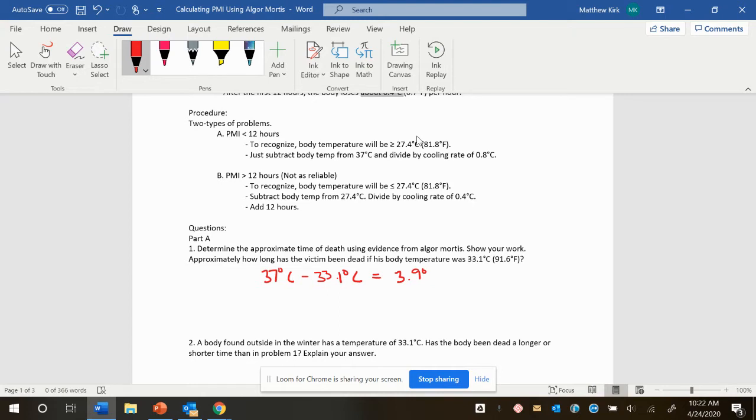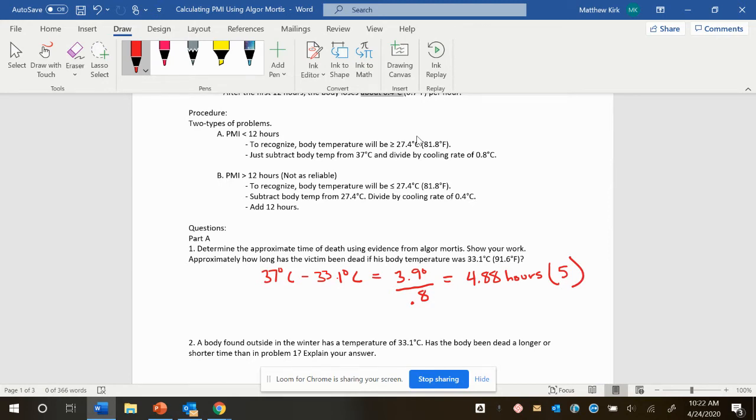And then we divide by our cooling rate to get hours. So we divide that by 0.8, and we're going to have an estimate of about 4.88, which I could leave in decimal form, but it's really probably closer to 5 hours for our PMI.